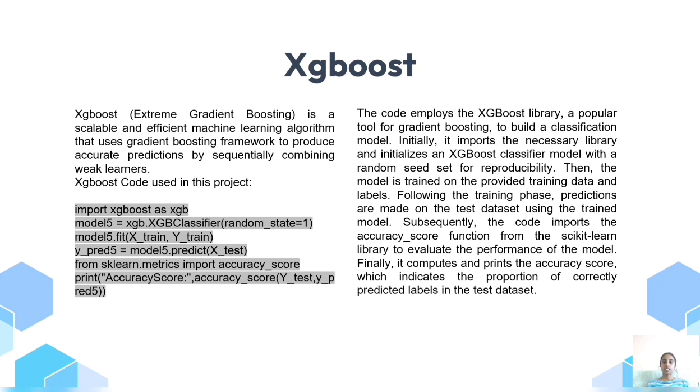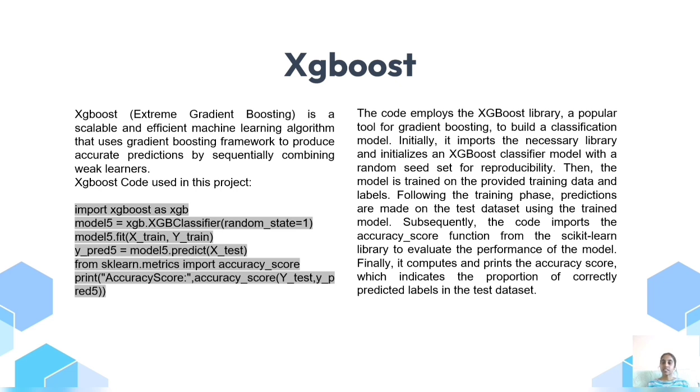The code employs the XGBoost library, a popular tool for gradient boosting. To build a classification model, initially it imports the necessary library and initializes an XGBoost classifier model with a random seed set for reproducibility. Then the model is trained on the provided training data and labels.